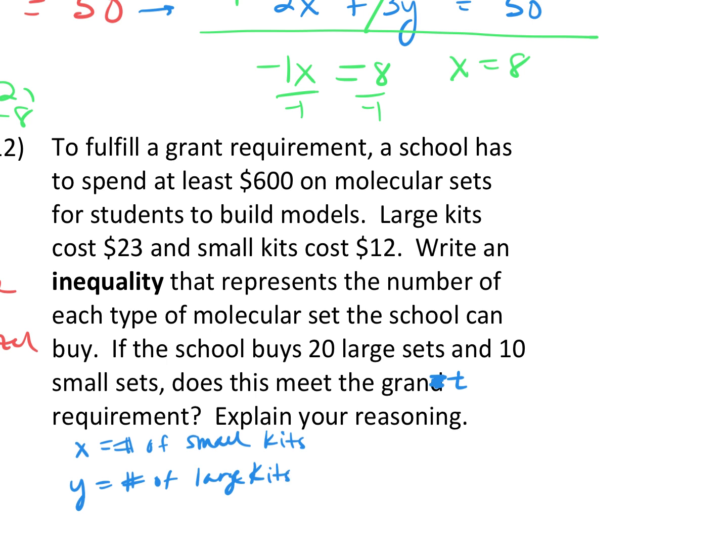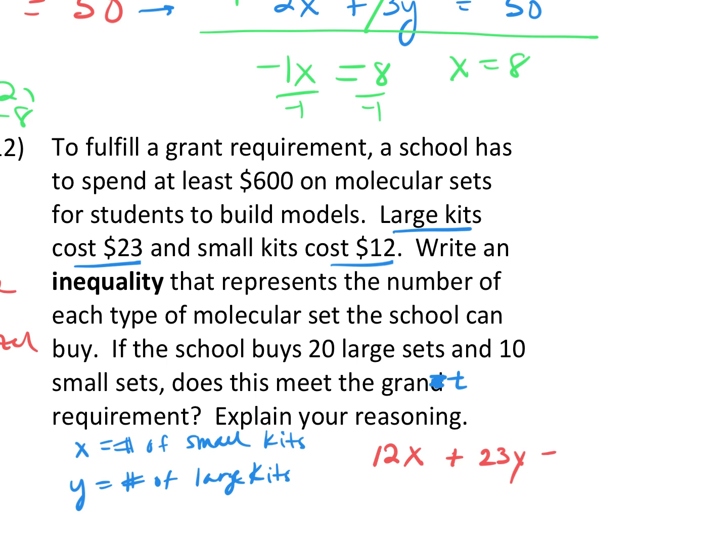All right, so what do we know? They have to spend at least $600. Large kits cost $23 and small kits cost $12. So small kits are $12 times every kit. In addition to that, we're going to buy large kits, which cost $23 times every large kit.